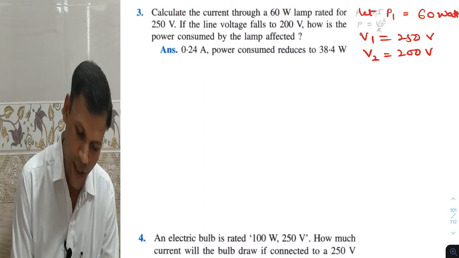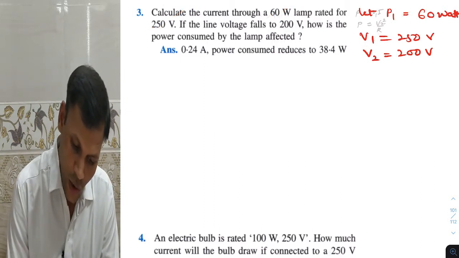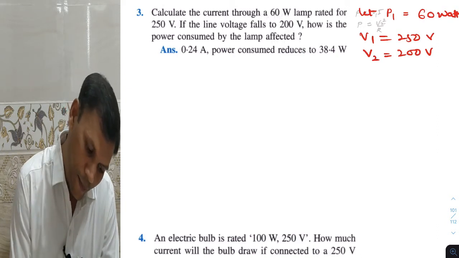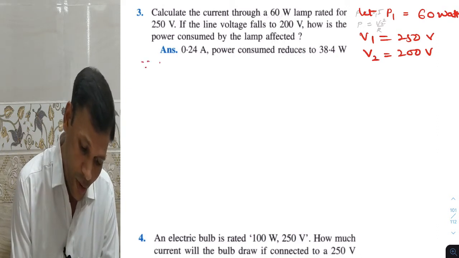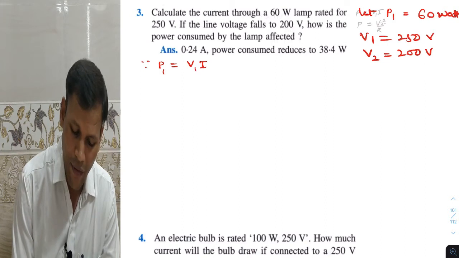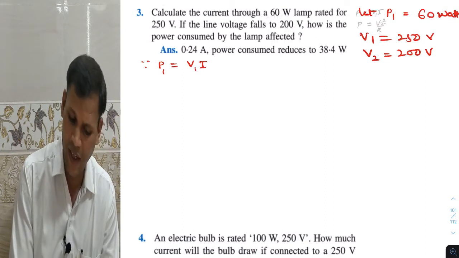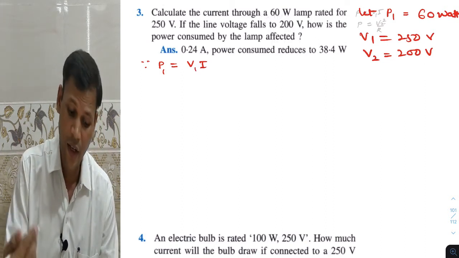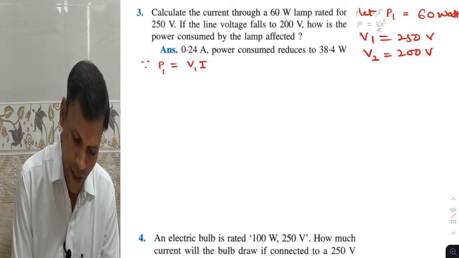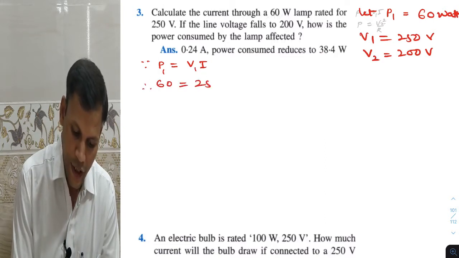That part we can calculate easily. तो हम लोग लिखेंगे, since power is VI, so I will write power P1 is equals to V1 into I1, but current यहाँ पे नहीं बोला है कि चेंज हो रहा है, तो करंट को मैं सिर्फ I रख रहा हूँ. So power 60 watt is equals to V1 250 into I.